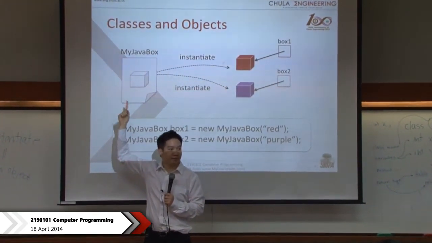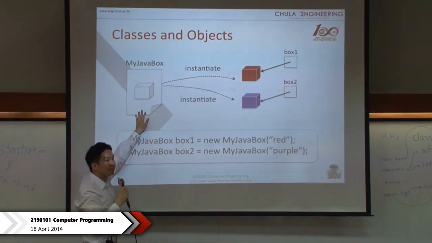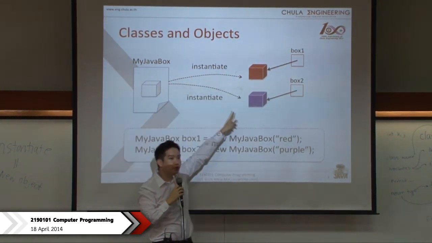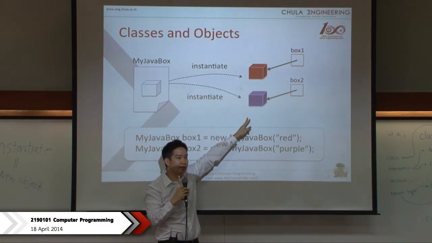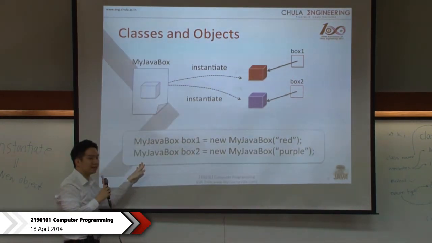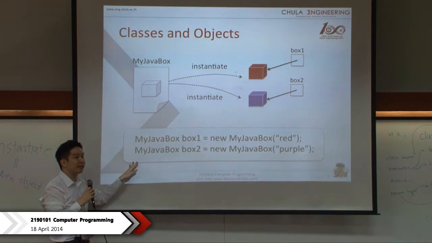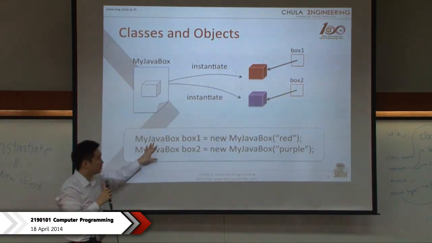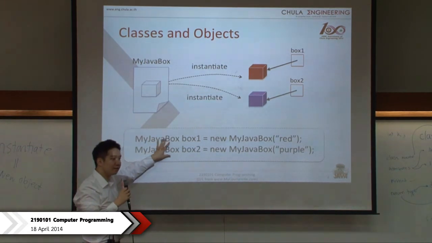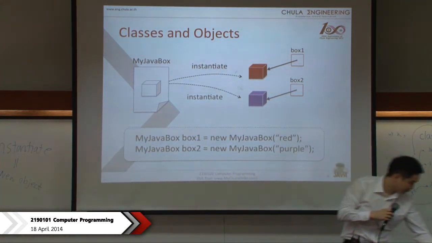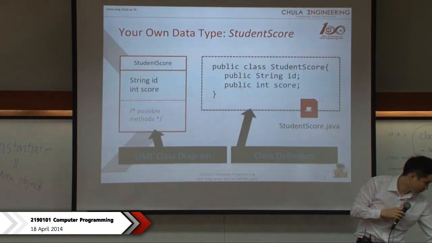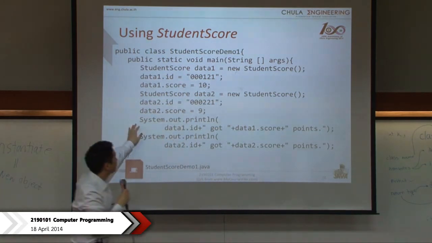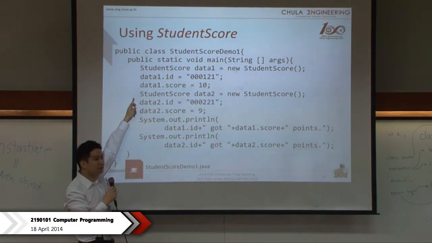Student score is the class name. You instantiate two student score objects. This is an example of the instantiation. Two sample statements. With me? Now, coming back to here, does this make more sense now?